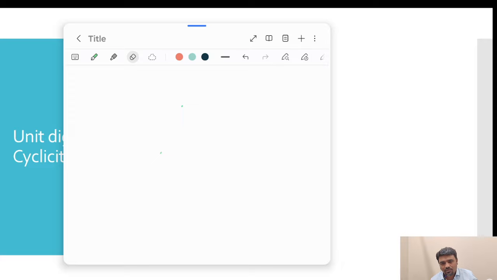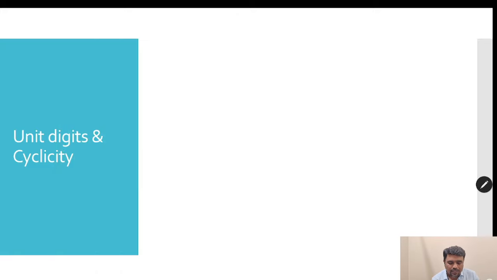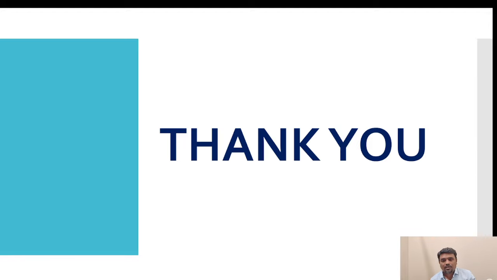And we can expect it in 2025 also, whether the question is directly based on the unit place or it may be useful in other discussion, the calculation also. So this concept is very important. So try to understand this entire concept: unit digits and their cyclicity.